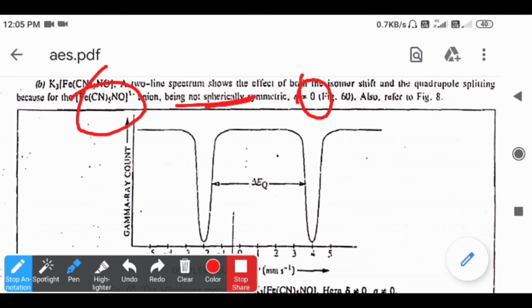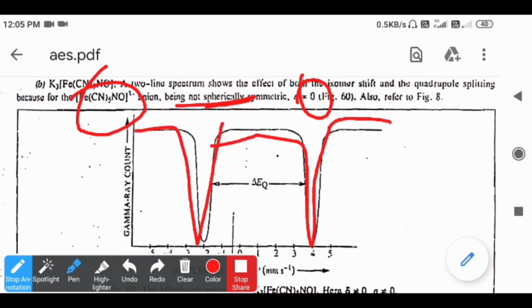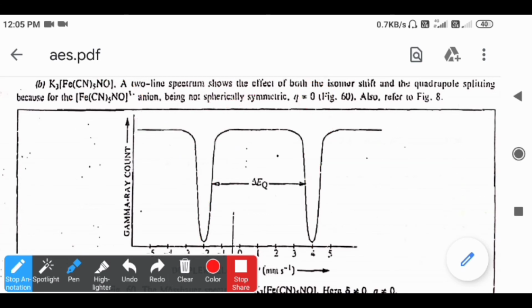Hence we get quadrupolar splitting, which results in two peaks in the Mossbauer spectrum. So these are certain applications of Mossbauer spectroscopy.